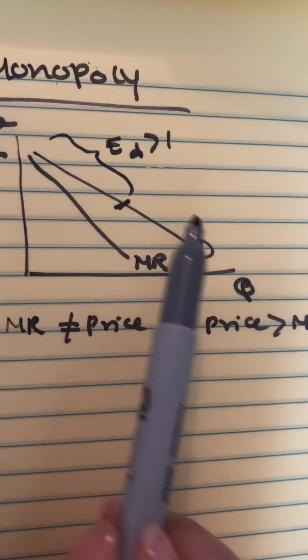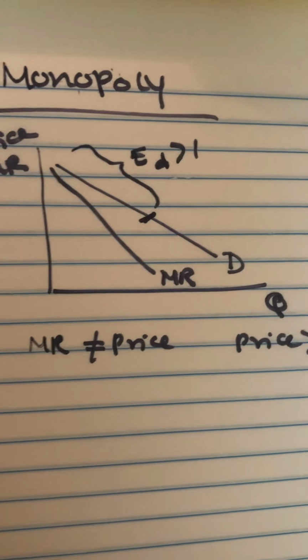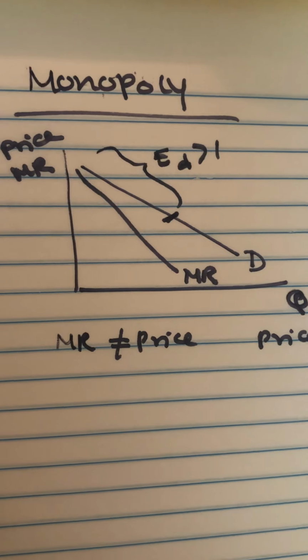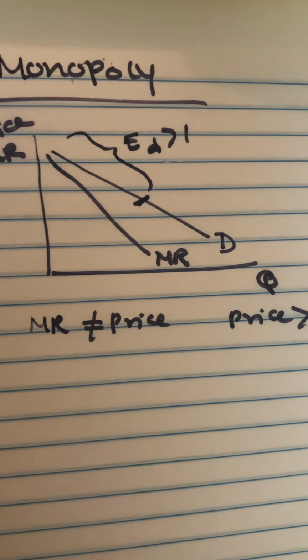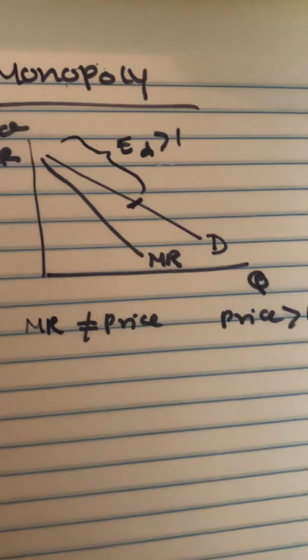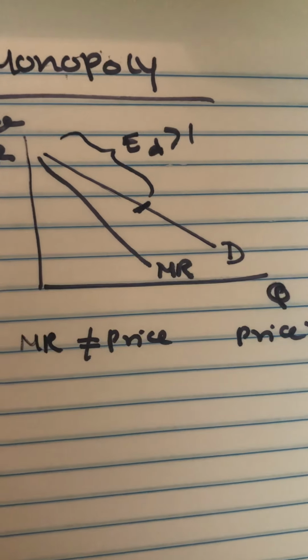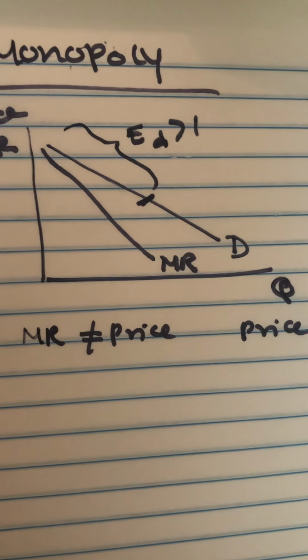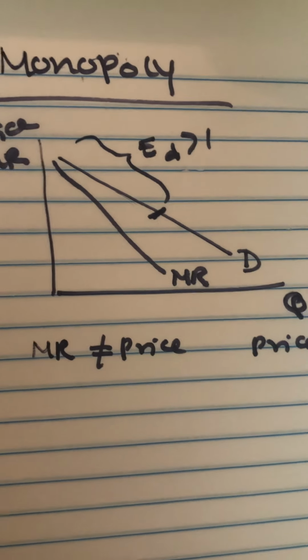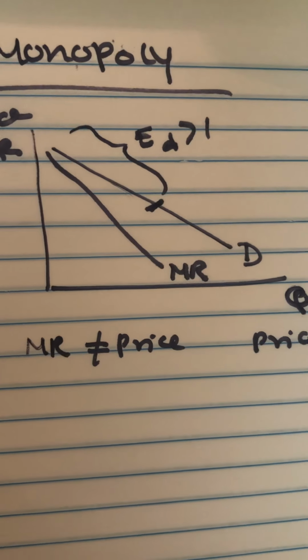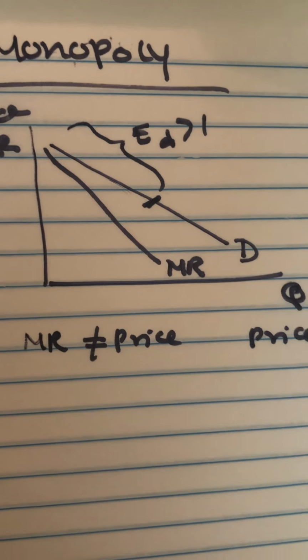Never ever do they set it here because of the total revenue test that we discussed in chapter 6. So they have the ability to reduce the price and still make money because they are putting their price in this area where the demand is elastic. If the price drops, in case they have a competitor in the market or whatnot, they can still increase their total revenue because the demand is elastic.